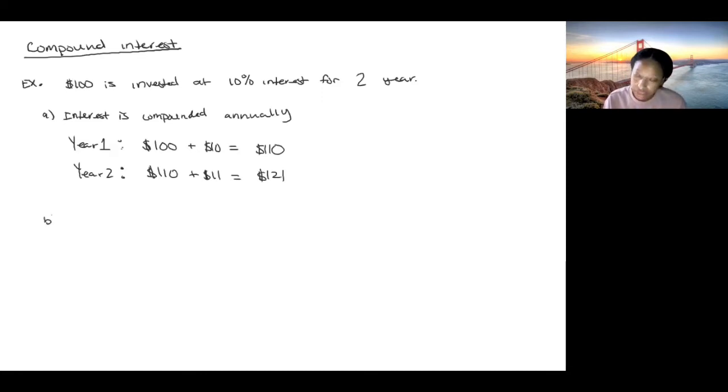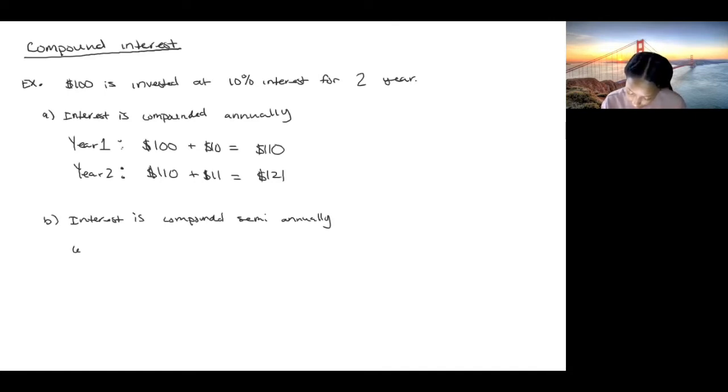If we compound it, let's say, semi-annually. That means twice a year, okay? So instead of waiting to get your interest at the end of the year, you get your interest added to the account every 6 months.